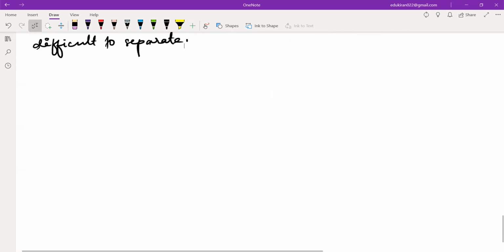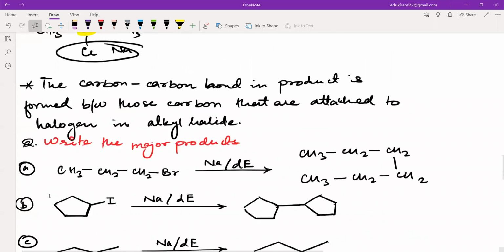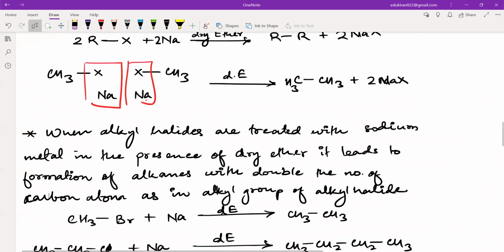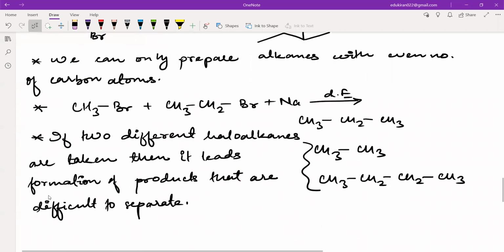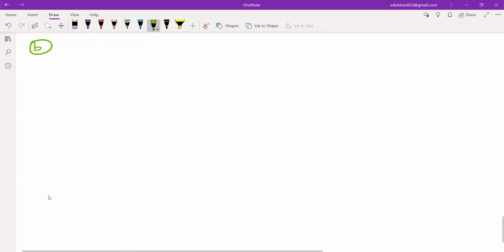Now, next is the reaction with zinc in H plus, or the reduction of haloalkane. So as the first method, that is the Wurtz reaction, the second method, that is B, is with reduction.